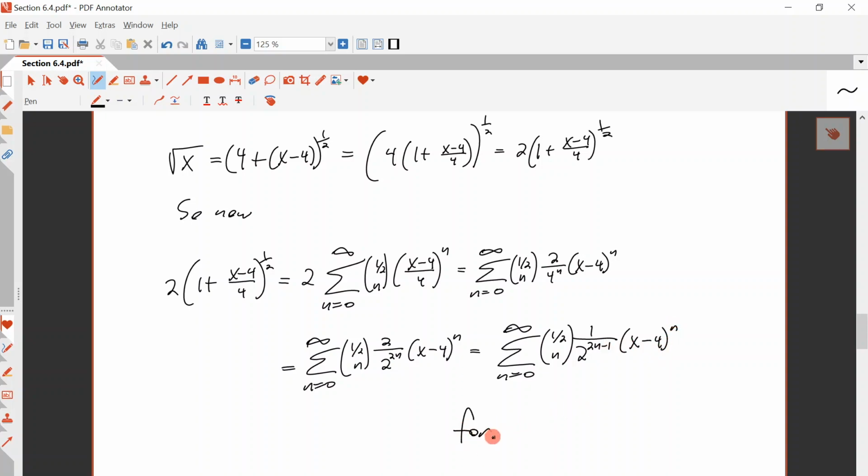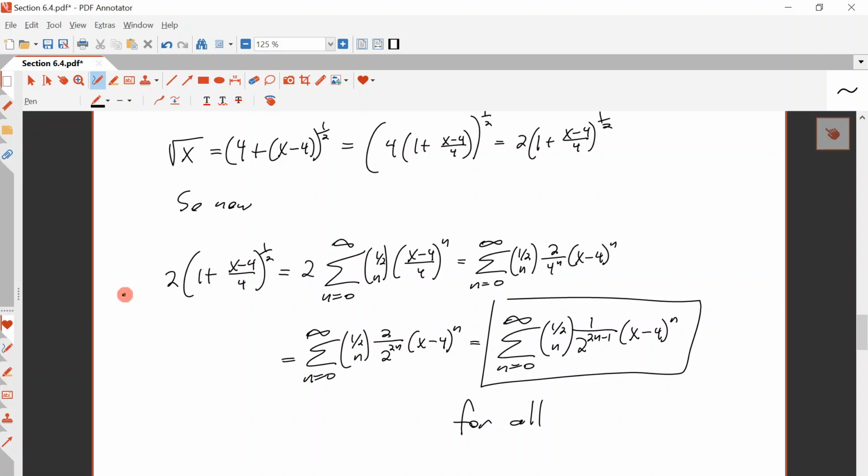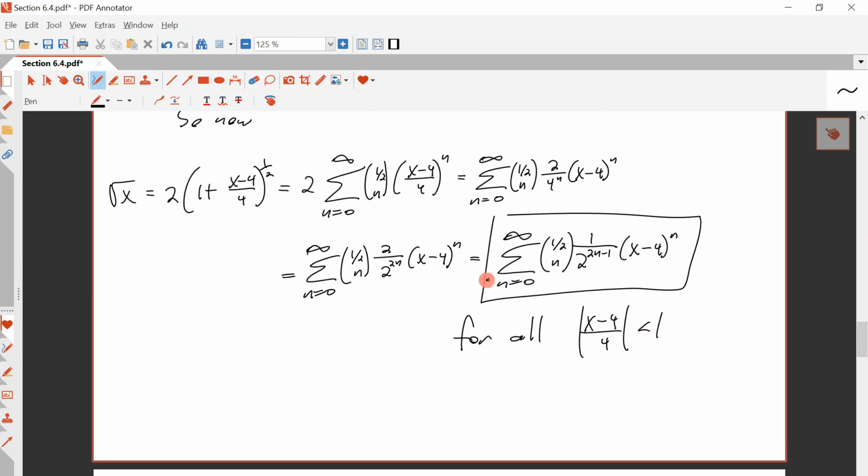For what? Anytime this thing is less than 1. Right, so square root of x equals this, for all x minus 4 over 4 less than 1. Right?